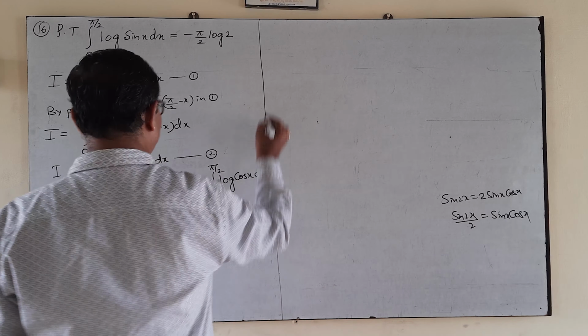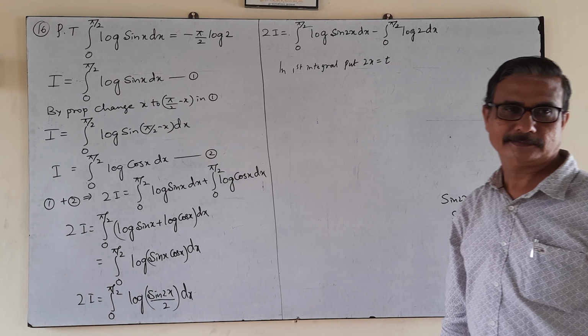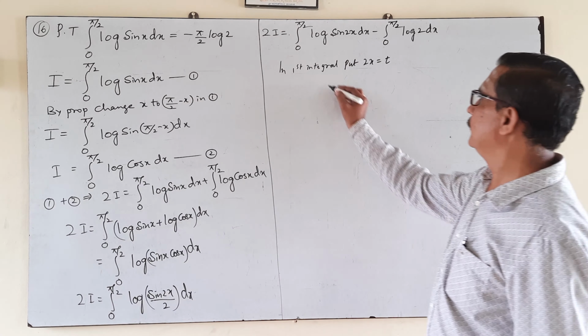How to convert? In the first integral, by substitution take 2x is equal to t. Then differentiate both sides with respect to t. The derivative of x with respect to t, dx by dt, is equal to the derivative of t with respect to t, which is 1. Cross multiply: dx is equal to dt divided by 2.